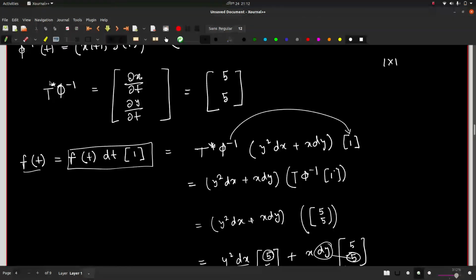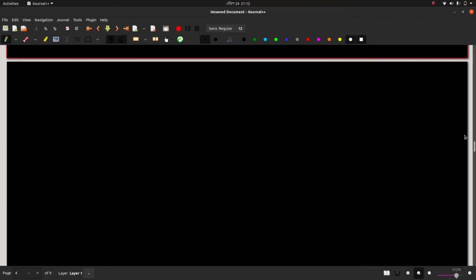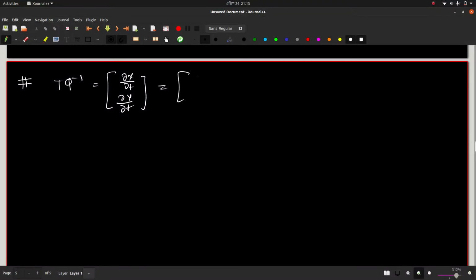What it means is that, when you do this d phi inverse 1, dx dt, dy dt, you write it as 5 by 5 using the parameterizations.